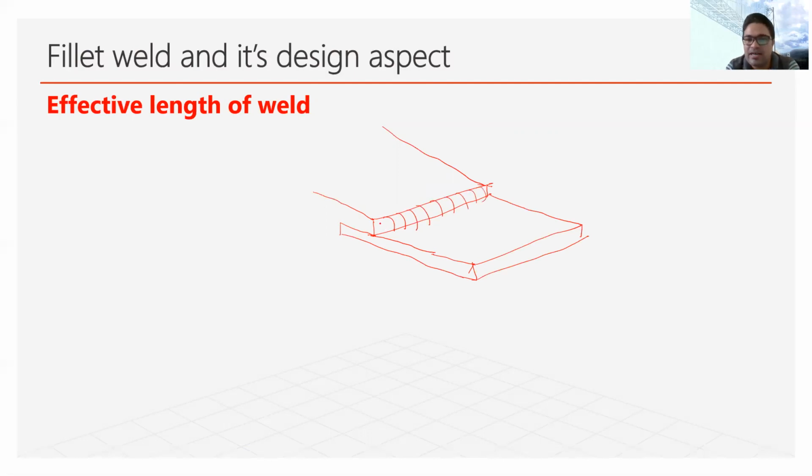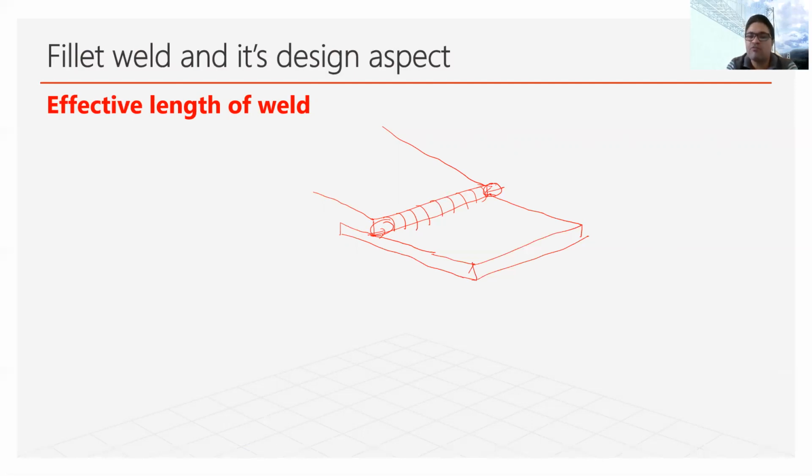At the start, when we start fillet welding and when we end the fillet welding, there is a taper at the start and at the end. Because of this taper, the throat thickness at that taper point is less.